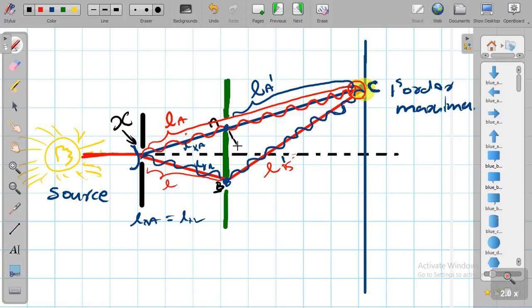Now I'm going to draw one line to make this equally separated. Now this is where it is, and there is a delta L difference. Now this length, LA dash and LB double dash.